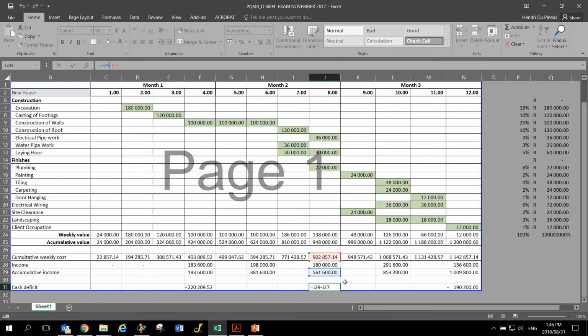You can do it vice versa. The one will just give you a positive answer and the other one will be a negative. It's usually easier if you do your cost minus your income, because if it's negative, then you know you have a deficit. So that's the rationale behind that.